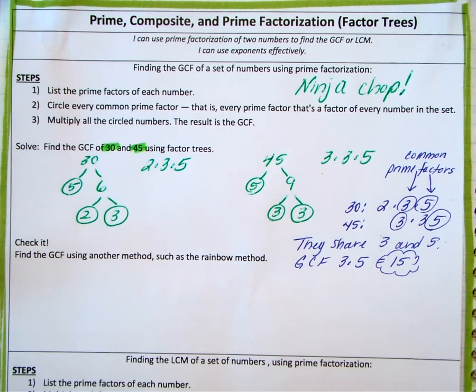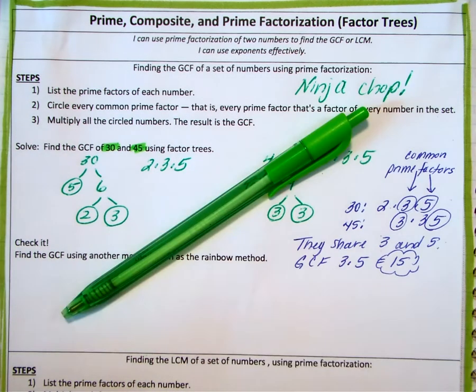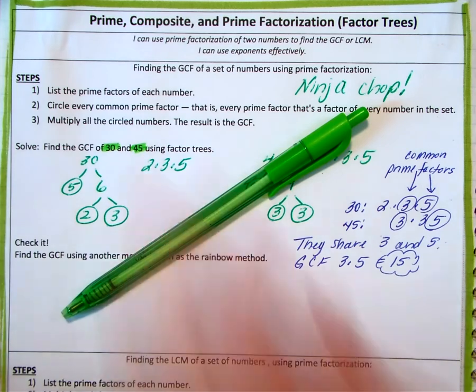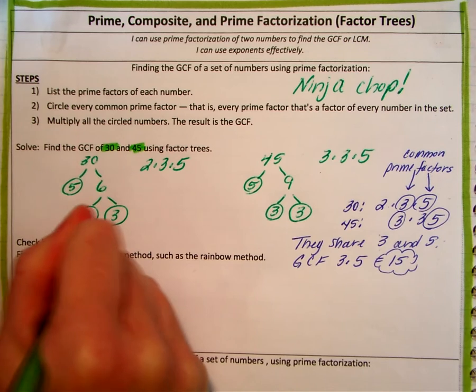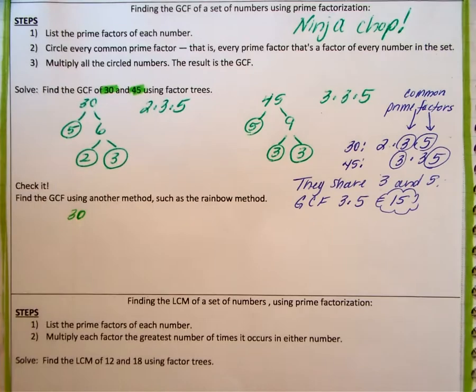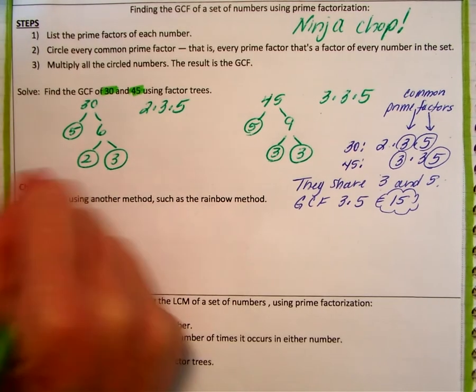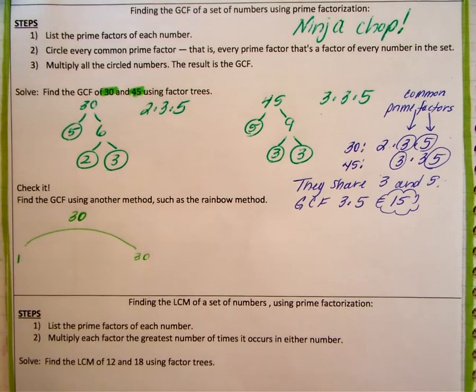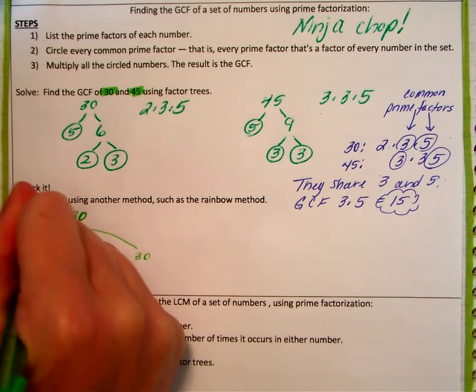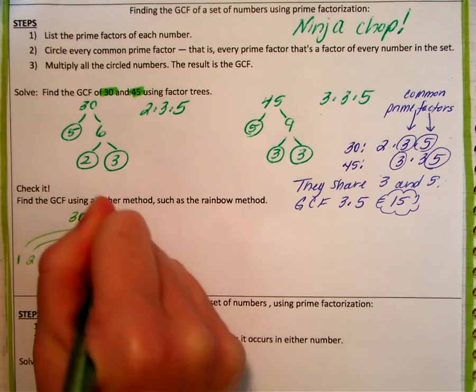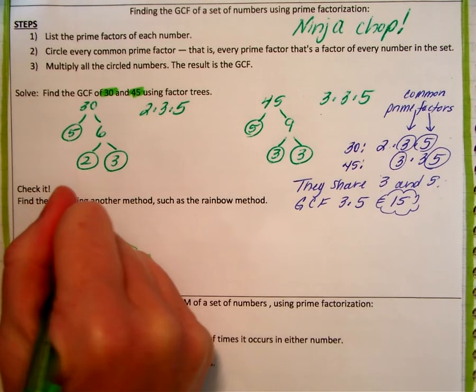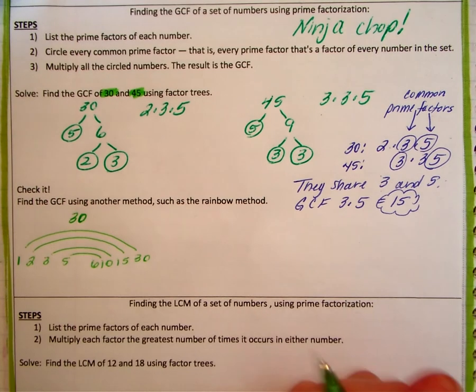Now let's use a rainbow to test it. So I'm going to find my factors of 30 using the rainbow method. I'm going to check really quick and see if that color shows up for you guys. Okay, fantastic. So I'm going to do 1 and 30, 2 and 15, 3 and 10, 4, 5 and 6, 7, 8, 9.